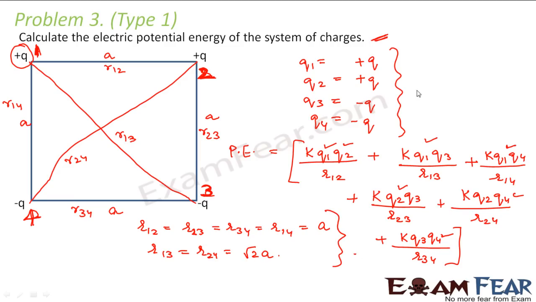Now using these values, you can substitute here and you find the potential energy is equal to K Q square divided by A into minus root 2, where K is equal to 1 by 4 pi epsilon naught. Just put all these values and calculate, you must arrive at this solution. That is how we calculate the total potential energy of a system of multiple charges.